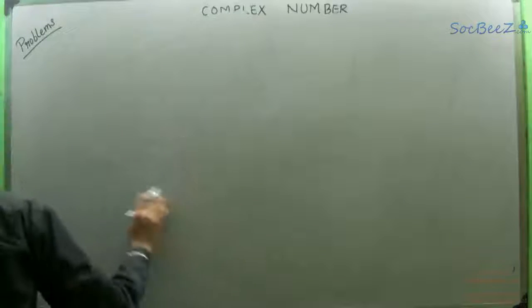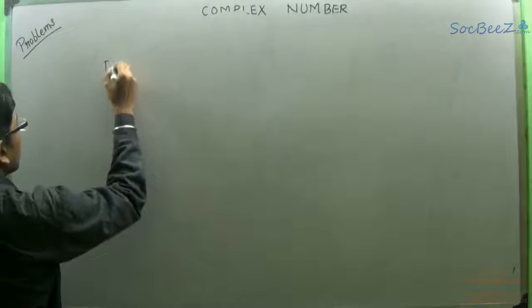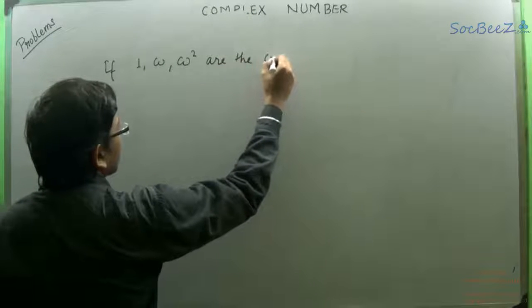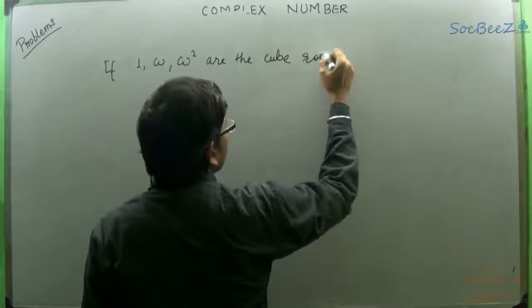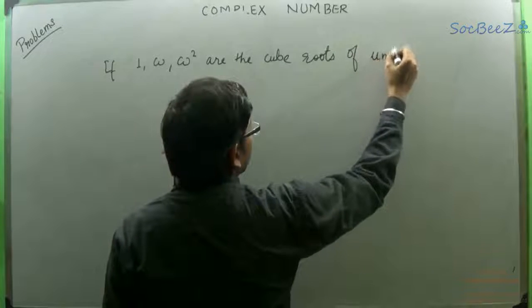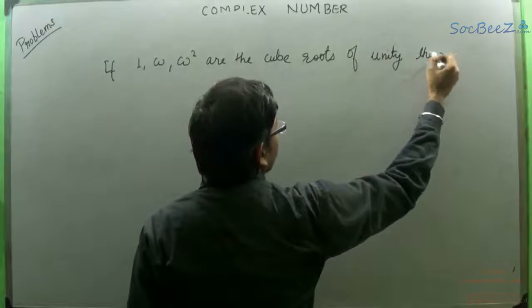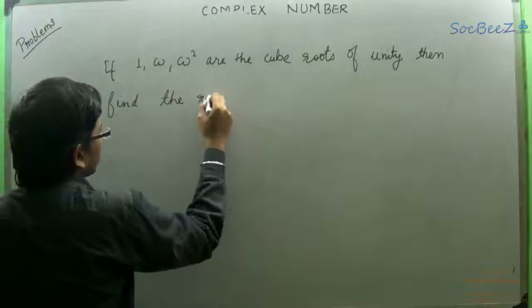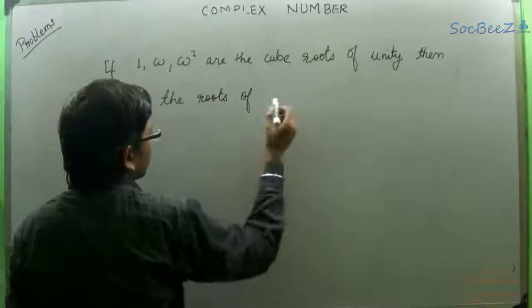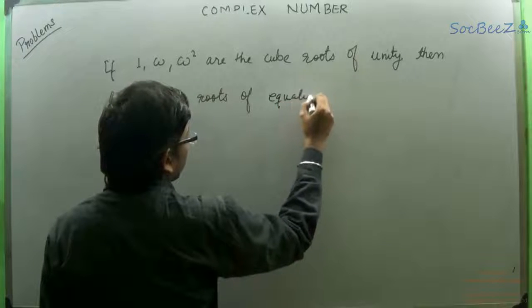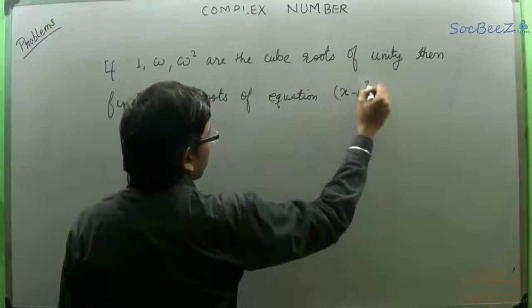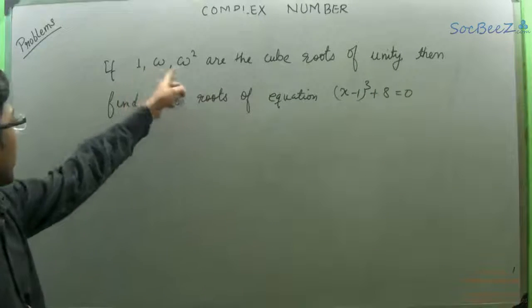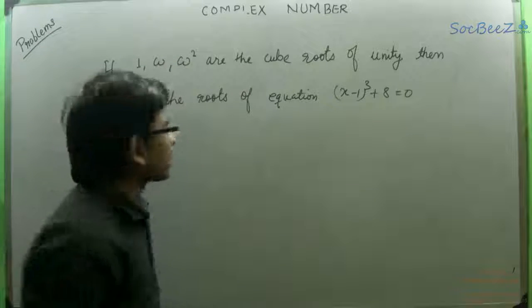Let us have another problem. If 1, omega, omega square are the cube roots of unity, we have discussed the nth root of unity.